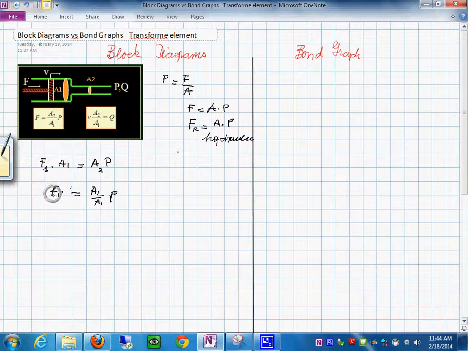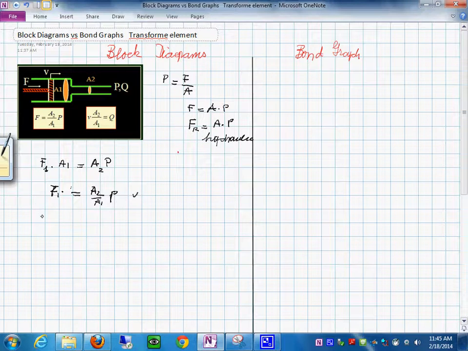So this equation says that F1 is the pressure times A2 over A1.